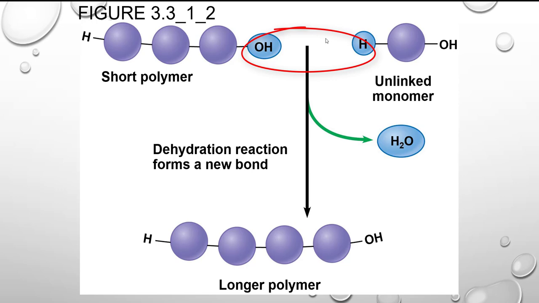And in doing so, that will allow the short polymer to bond with that unlinked monomer to form a longer polymer, okay? So the dehydration reaction, also known as condensation, which you might see in other textbooks, is building longer polymers by removing water.